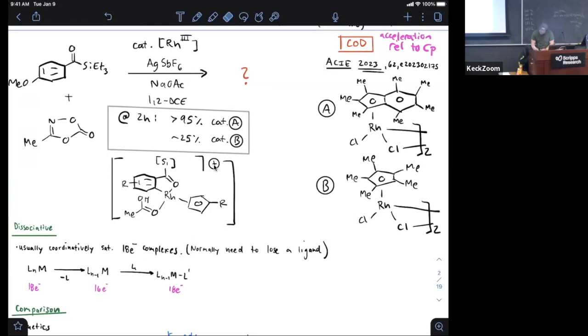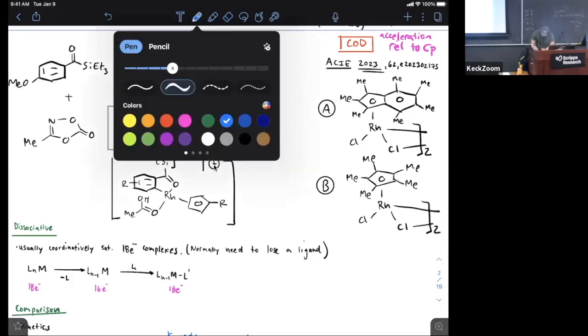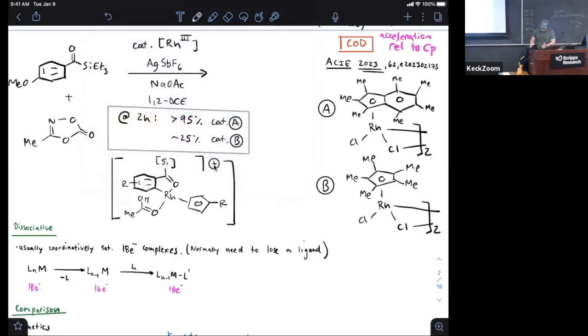This is actually an Angewandte ASAP paper. If you click on Angewandte and you do a Control F indenyl effect, you will find this paper. So I couldn't help but highlight it. And so this involves a bunch of stuff that we haven't covered in class. So I'm getting ahead of myself a little bit, but I'll just try to give you the upshot here.